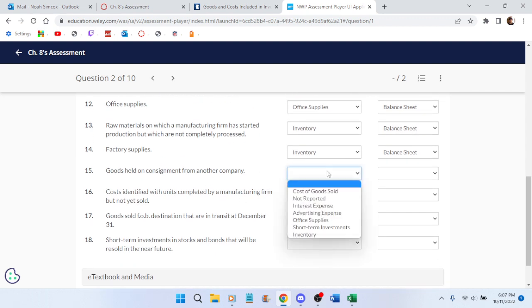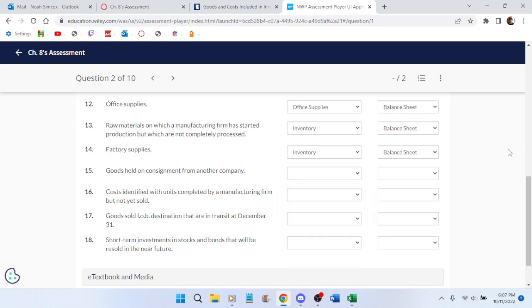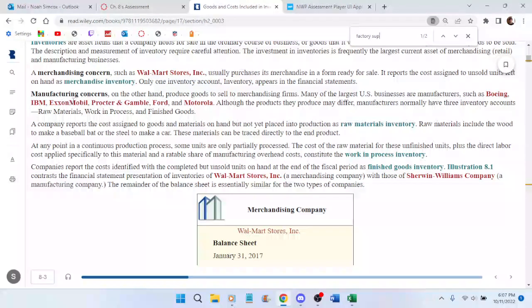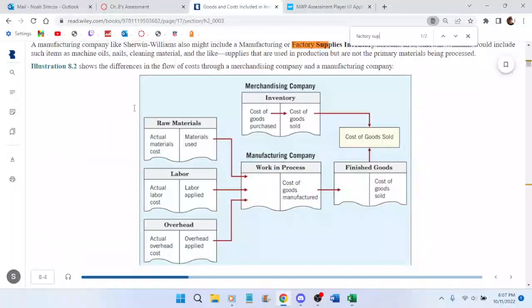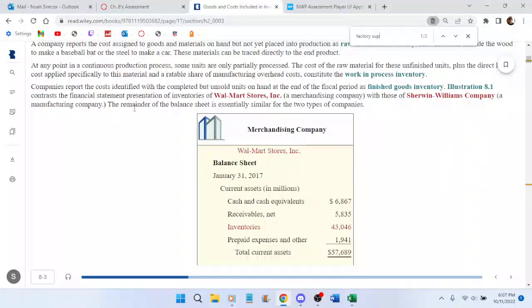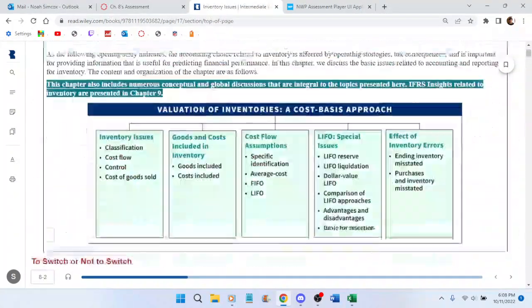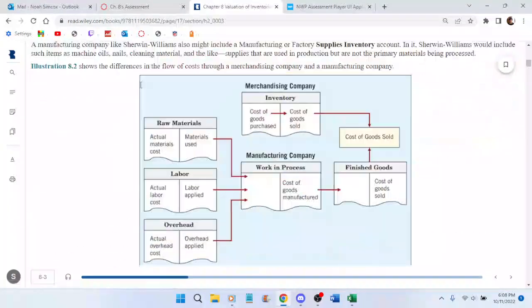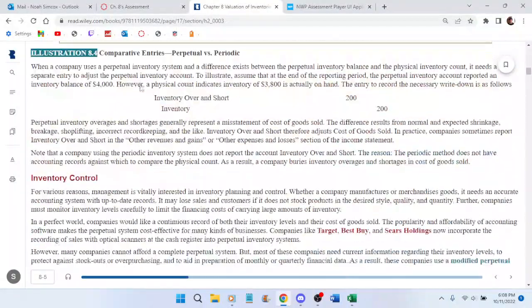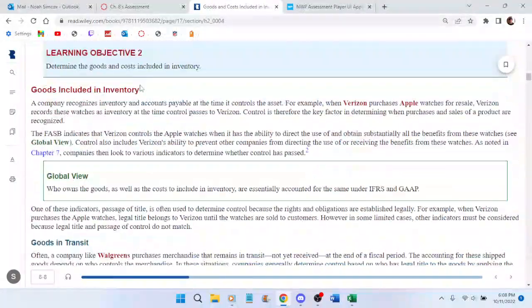Goods held on consignment. Not reported? Or what? How do you report that? God dang it. Is it just not reported? Where's consignment?